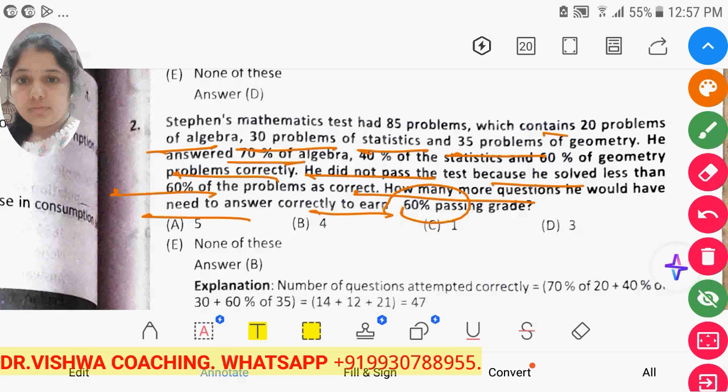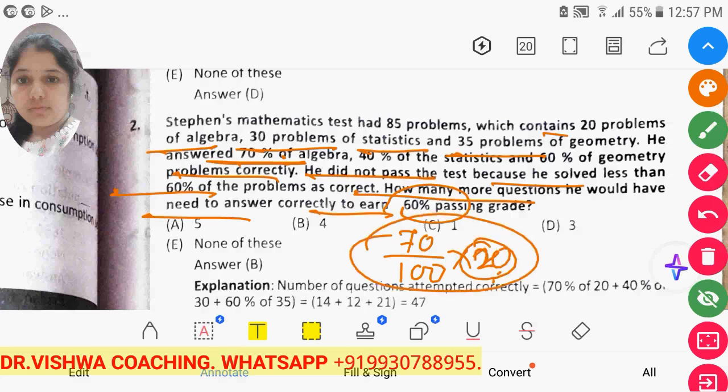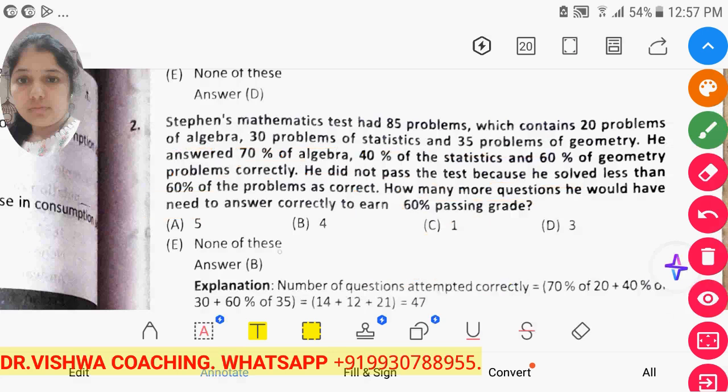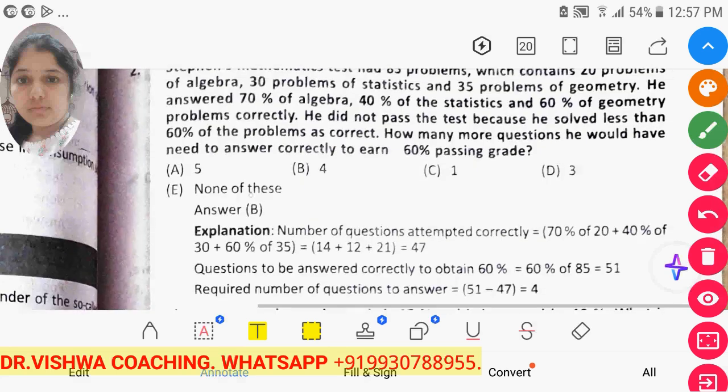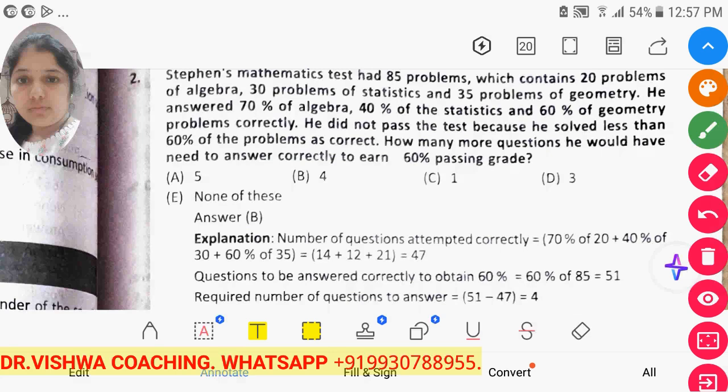Now see, what percent of the algebra problems had he solved? 70%. And how many problems are there? 20. Okay. So 70 upon 100 into 20 gives us the number of problems solved out of these 20 problems. 40% of statistics means 40 upon 100 multiplied by 30 gives us the number of problems solved of statistics, and 60% of geometry gives us 60 upon 100 into 35, the number of problems solved out of 35.